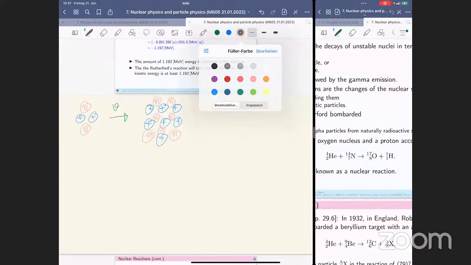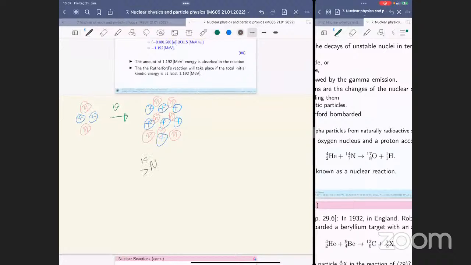Nitrogen-14, 7 is over there, and helium-4, 2, which is the alpha particle, right here. It is accelerated, and it goes to hit. In terms of nuclear reaction, it's called bombardment, right?